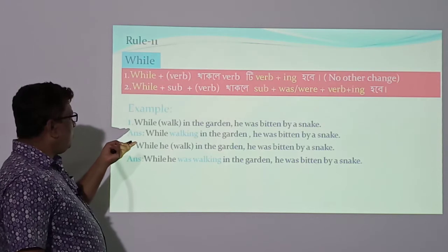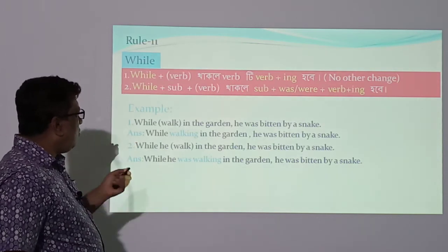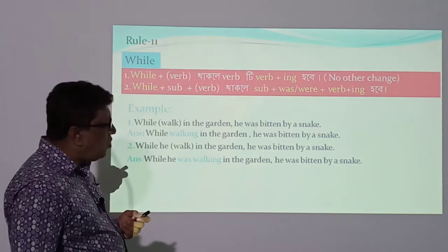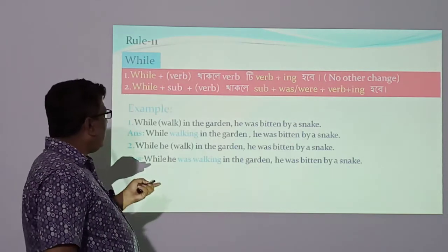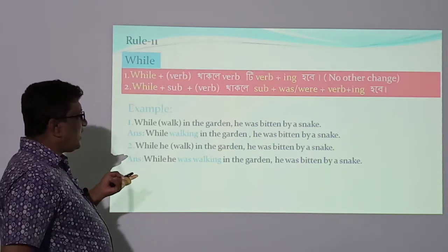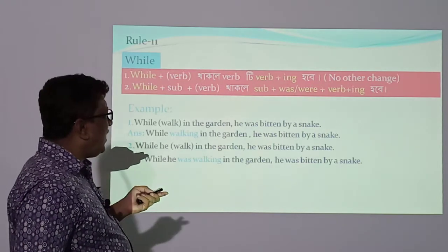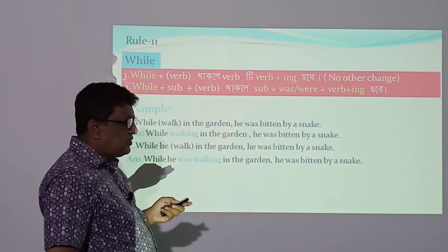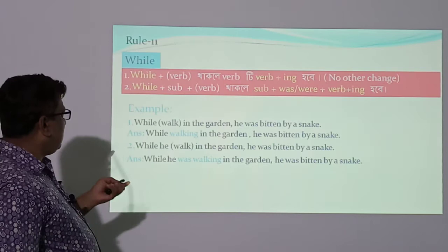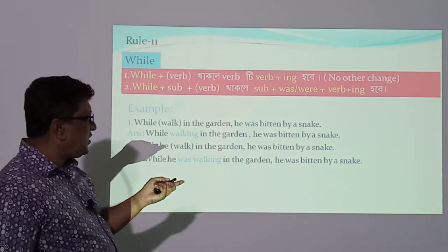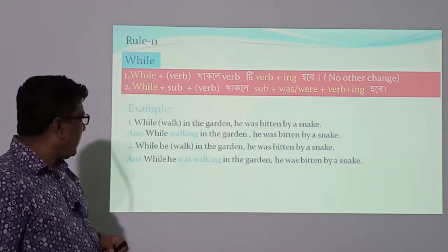So, before walk there is while and there is no subject. So the answer will be walking. While walking in the garden, he was beaten by a snake. Number 2, while he walked in the garden, he was beaten by a snake.